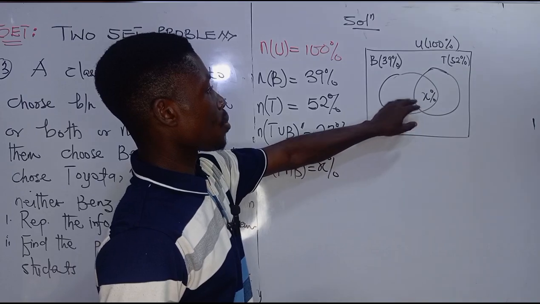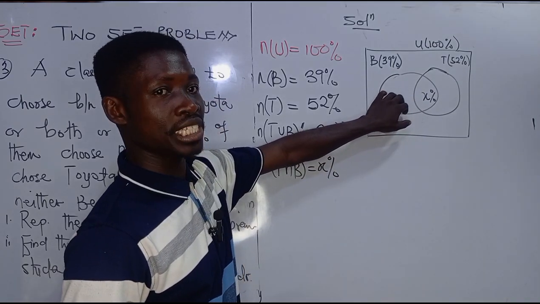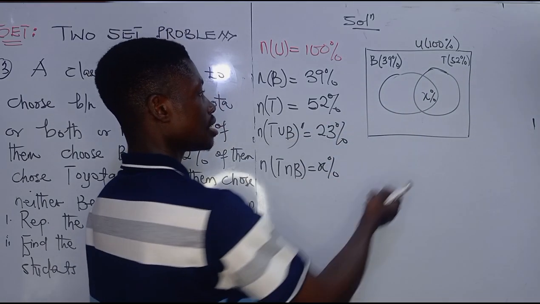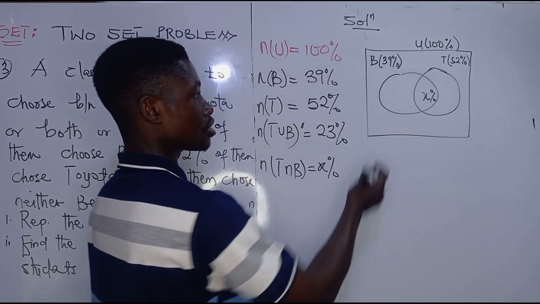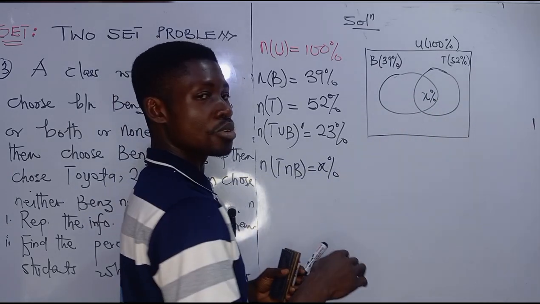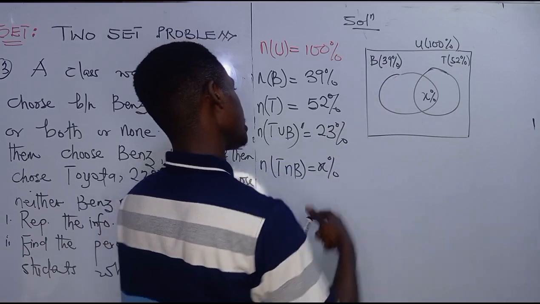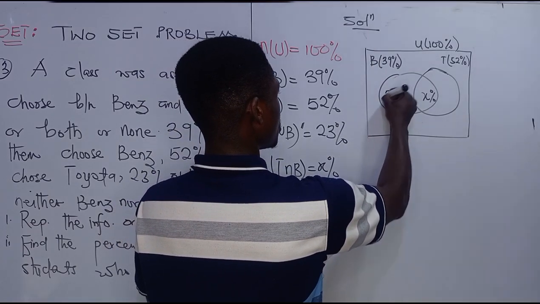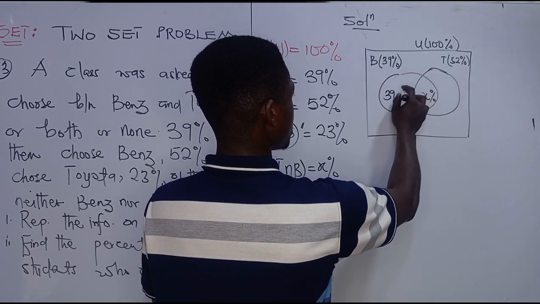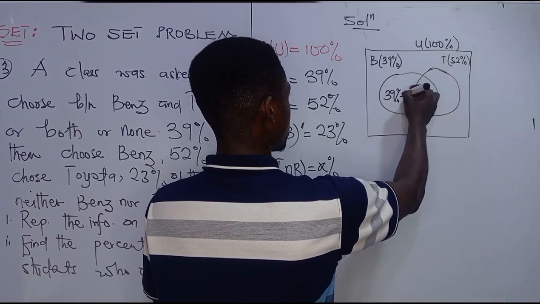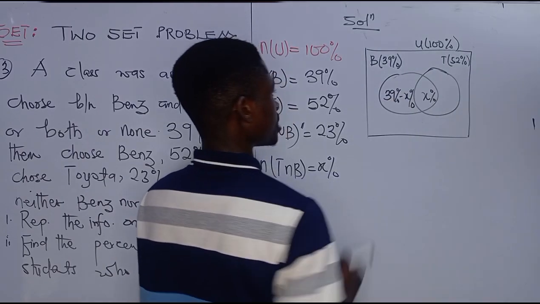So we have to find Benz only. Realize that we have X%, which is at the intersection. So to find Benz only, we are going to subtract X from 39%. So we have 39% minus X%.